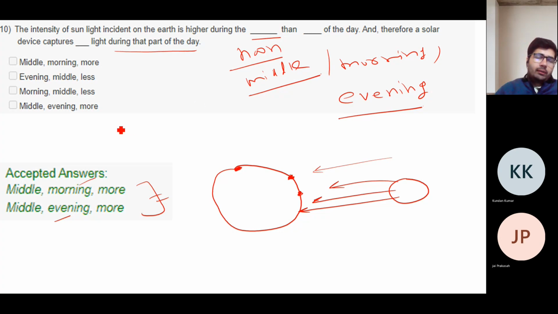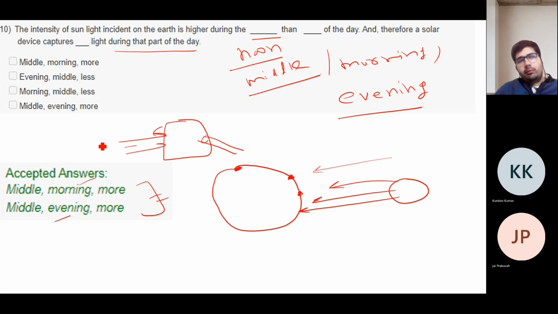But today we also have equipment, this is your PV cell, that works on sun tracking. They will track the sun and move as the sun moves, as the Earth rotates, so that the angle of incidence of sunlight is perpendicular.